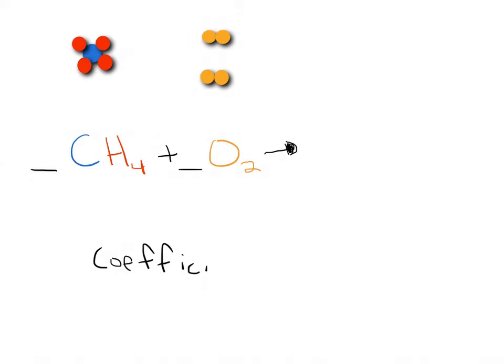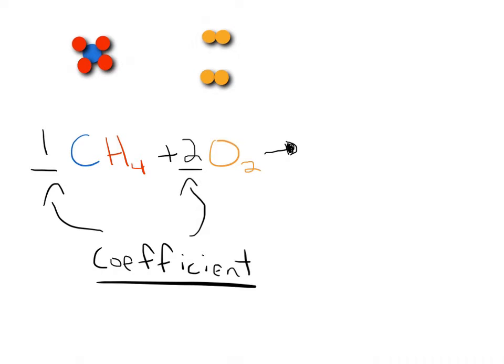What the coefficients are, they tell you how many of each atom you have, or each particle. They go in front of the symbol, so this will be a 1 because there's 1 CH4, but here there's 2 O2, so we put a 2 there. You can see the 2 O2s right here.